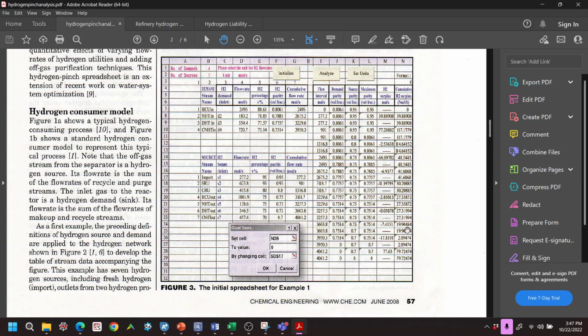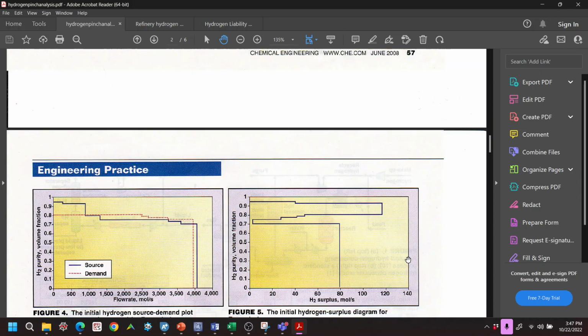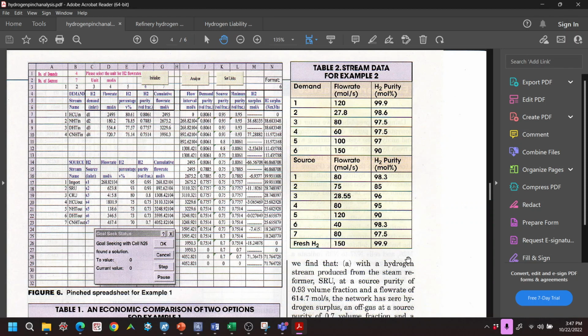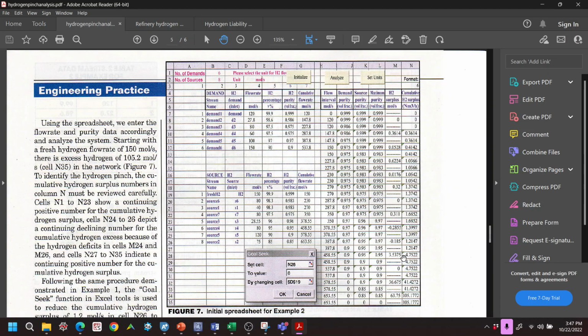Because this is based on the goal seek, we have to see where this thing is located. So for example, in example one, it's in N26, the first one. And then if we go to the next example, example two, they want to minimize N26 again.